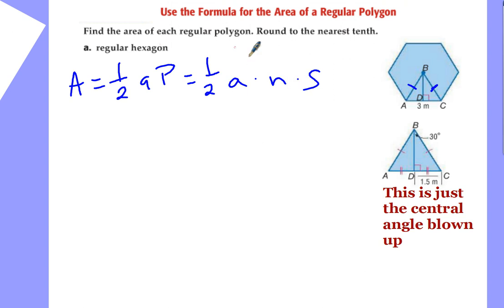We have a hexagon, so we have 6 sides. We know the whole side length is 3. So I'm going to start this off by saying that I know for sure that it's half of A times the number of sides, 6, times the side length of 3. Okay, but I still don't know A. But look at what happens here.